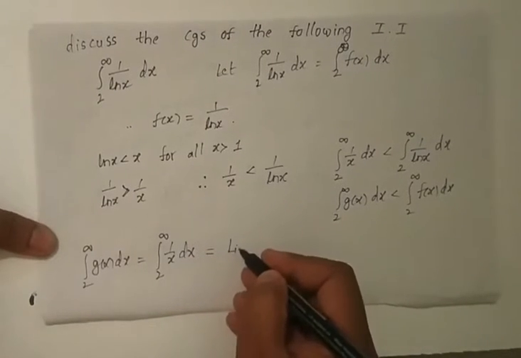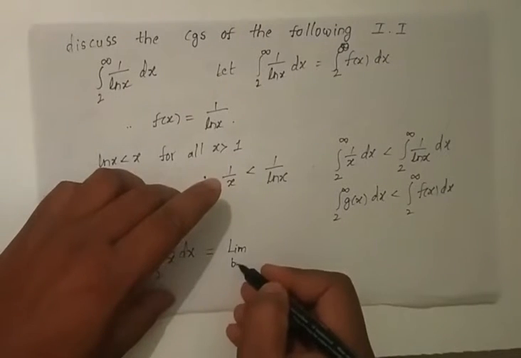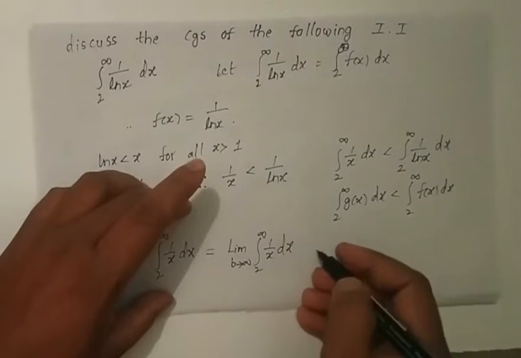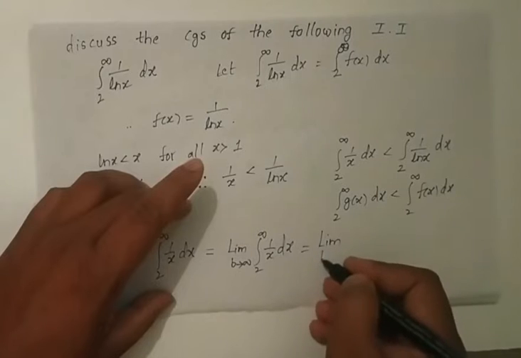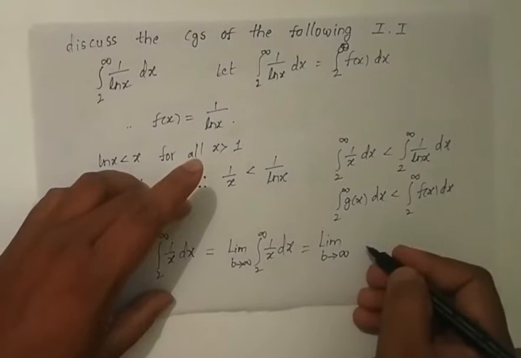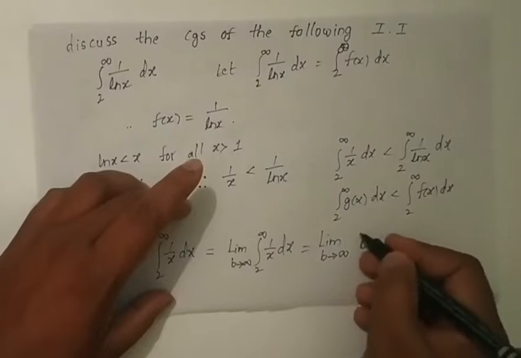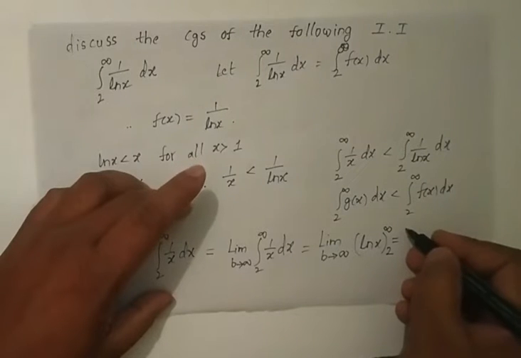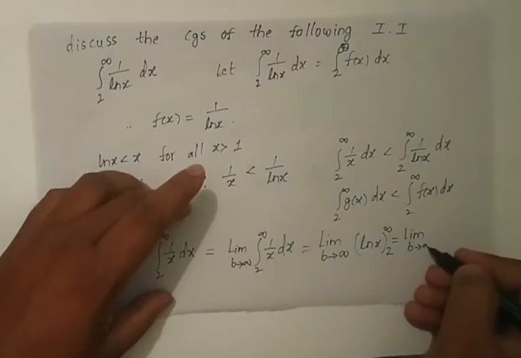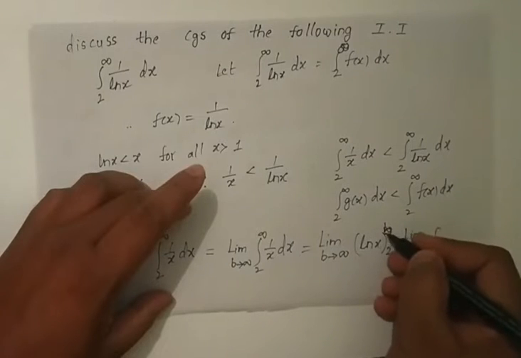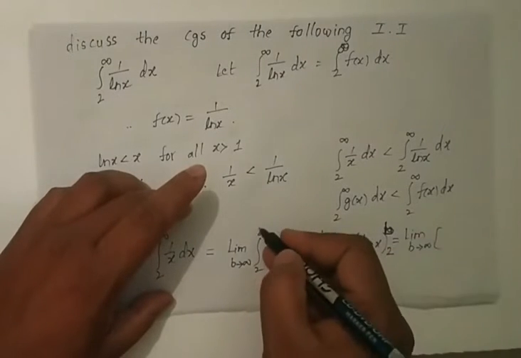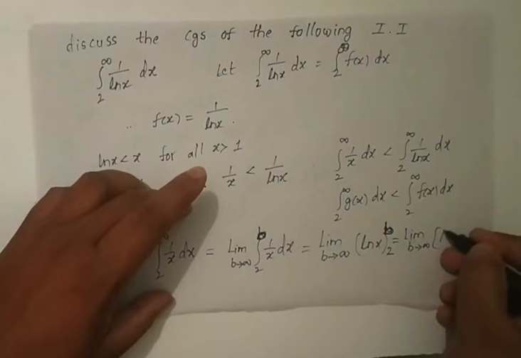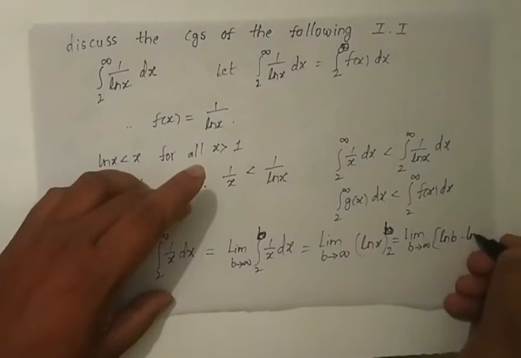The integral of 1 by x is ln x, with upper limit b and lower limit 2. So now we have ln b minus ln 2.